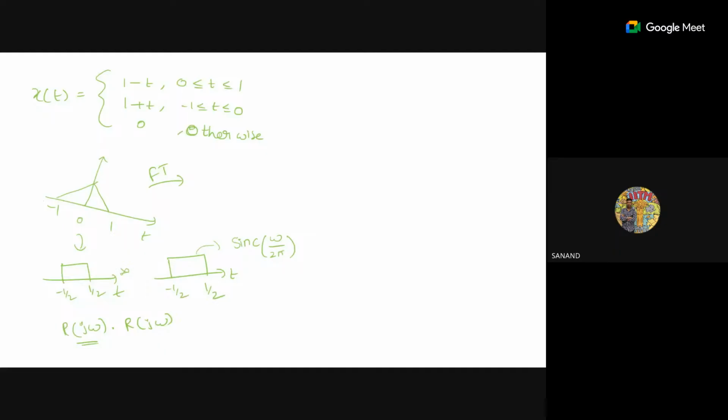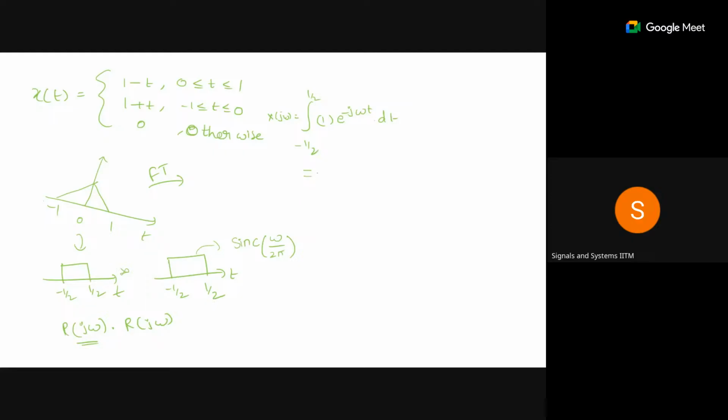You can refer to that video once, or you can use the formula, the integral from minus half to half of 1 times e power minus j omega t dt, using the formula for x of j omega.